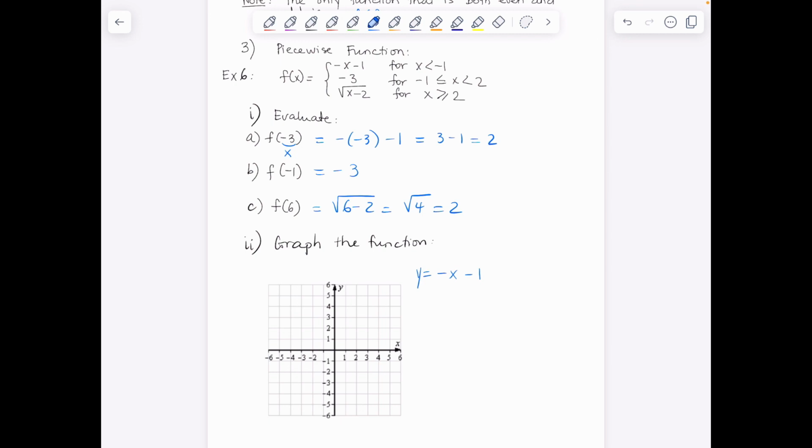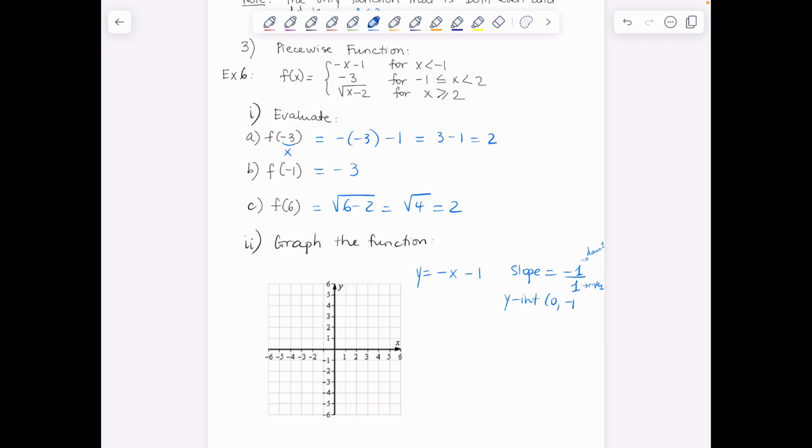It is already in slope-intercept form. You can see that the slope is the coefficient in front of x, which is -1. Make it -1/1, then you can see that the pattern here is down 1 unit and to the right 1 unit. And the y-intercept is the point (0, -1). So let's graph that line. (0, -1) is here.